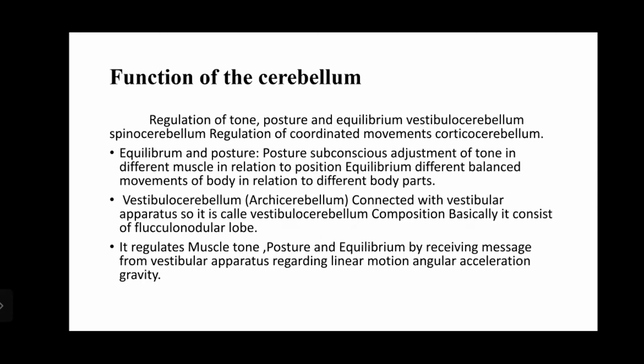Mainly, it helps in posturing of the body. It helps us not to fall, in terms of a balancing state. And about the tone, it helps in terms of muscle interactions according to the position and the balancing of movement in the body.